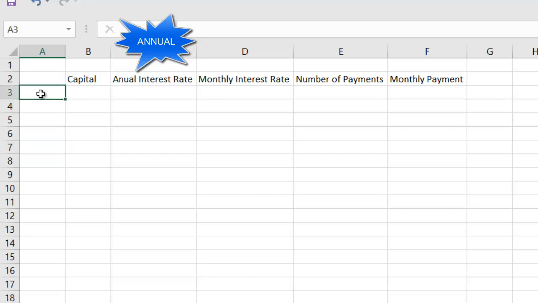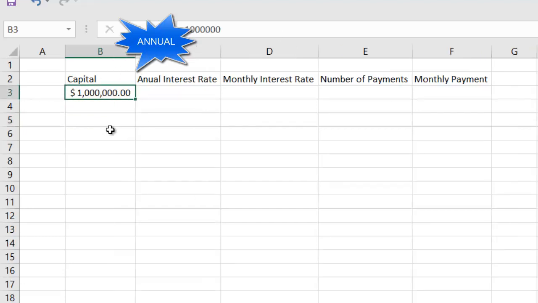Okay, so let's say that one of the employees comes to you and says he requires 1 million pesos. And you are going to set up an annual interest rate less than the one they put in the bank.